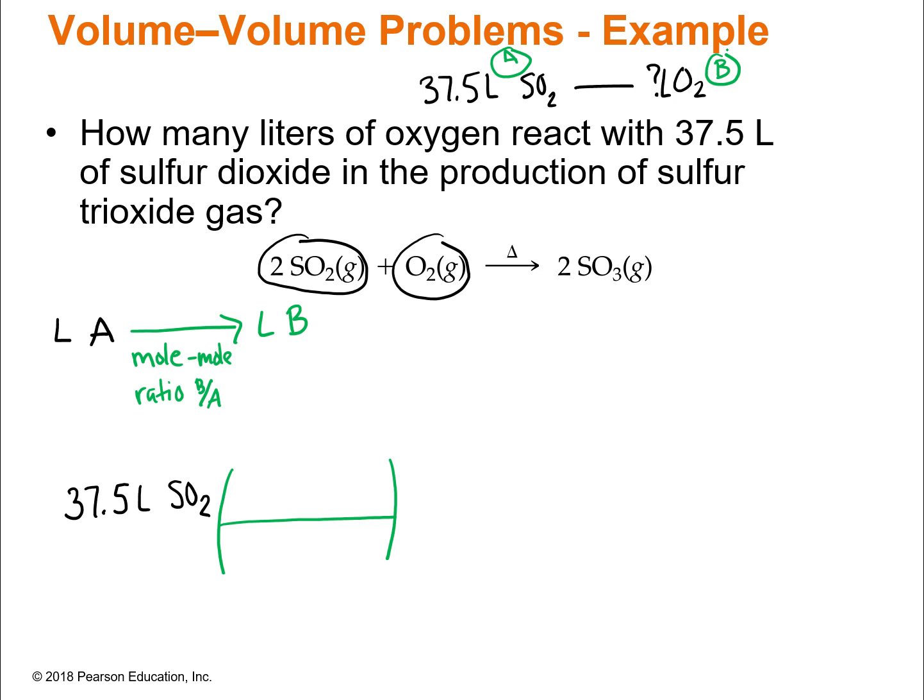What's our mole ratio going to be? If the sulfur dioxide gas is A and the oxygen gas is B, using the chemical equation, what's my ratio going to be?